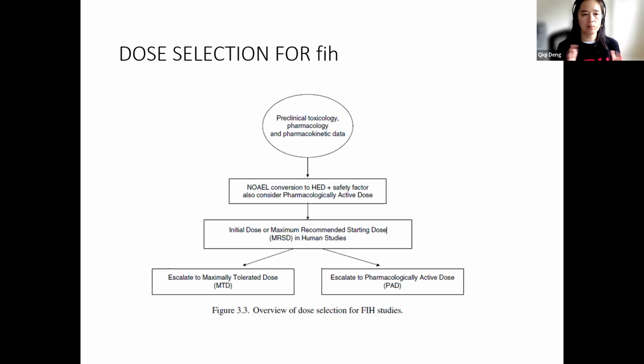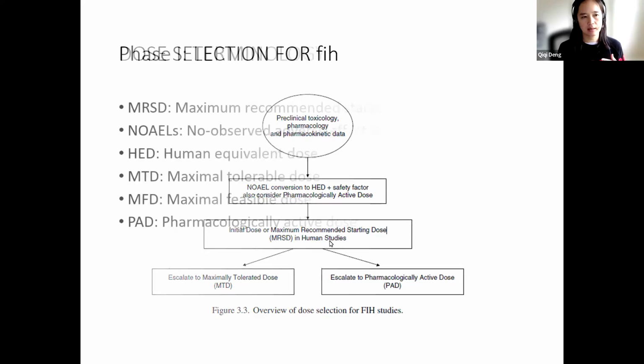After we get that human equivalent dose, we're going to apply a safety factor, maybe take 1/10 or 1/4 of the human equivalent dose to make sure that the starting dose is safe. And then we use that as a start point for this study.